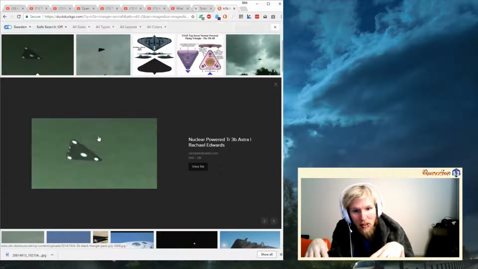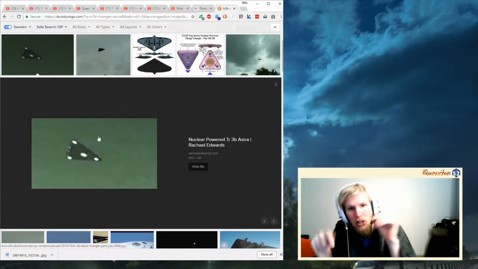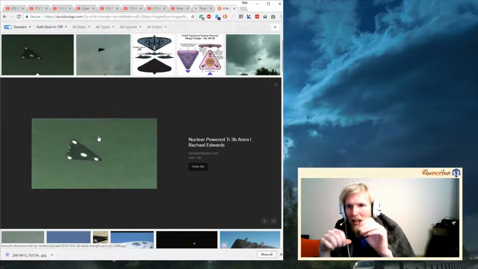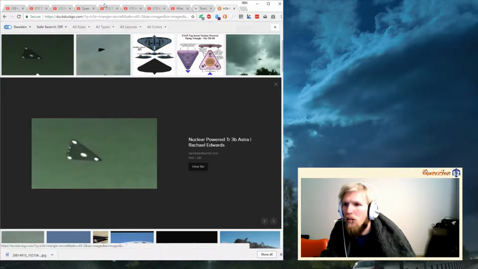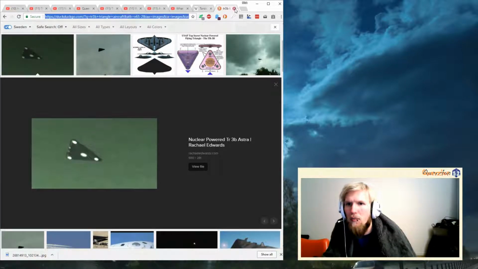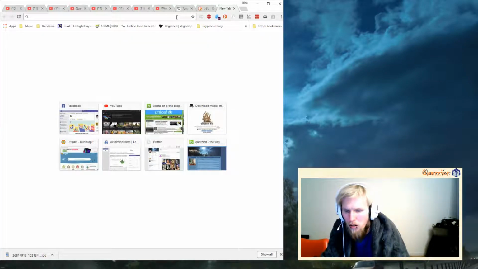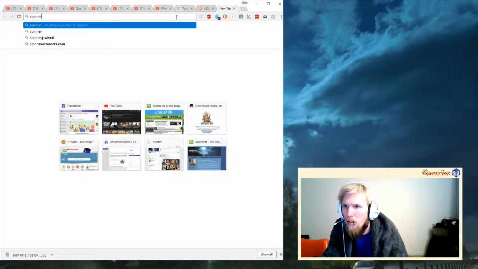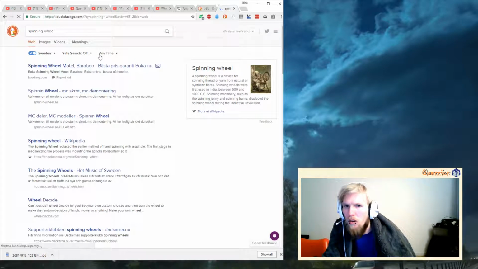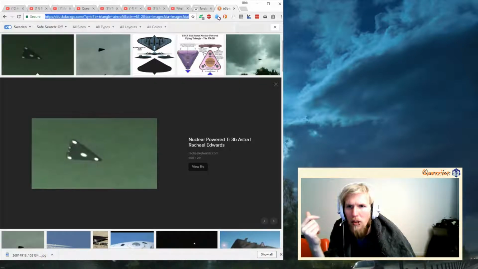And there's one problem to the whole thing also, because you need something that actually lifts you up. So there is a need for, let's see, a spinning wheel. No, it's not a spinning wheel. What's it called now?